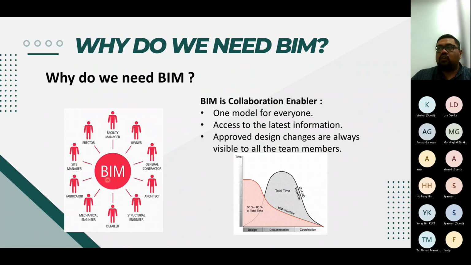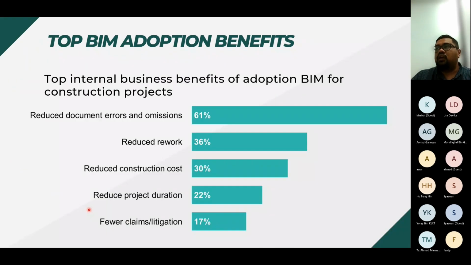All right. So in BIM, all the stakeholders, from the owner to the facility manager, have access to the updated or latest model. Okay, so what is the benefit of adopting BIM?